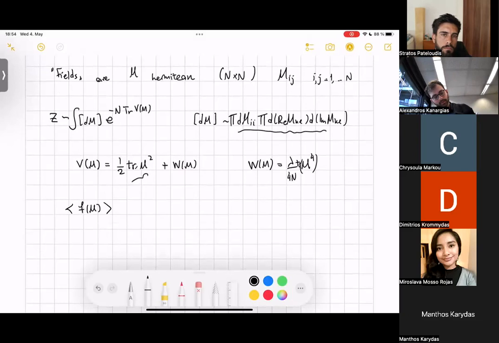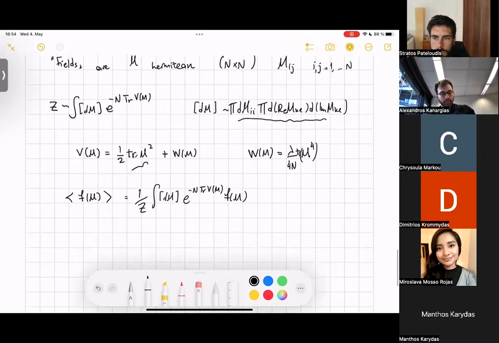Okay, so now I would write something with brackets. An observable will look something like what we know perhaps from QFT. There are also some conventions, so you might not always see this n here.